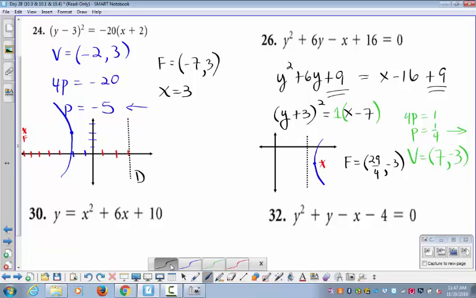And then the directrix, vertical line, so it should be x equals something. We have to come 1/4 unit to the left of the vertex. So the vertex is at x equals 7 1/4 units, so 6 3/4, so 27/4. Should be that vertical line.